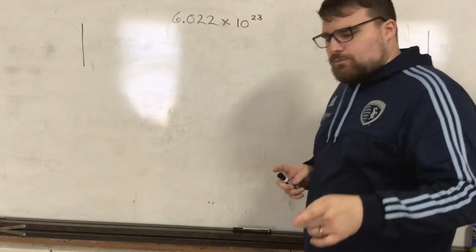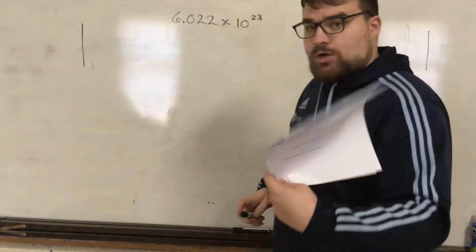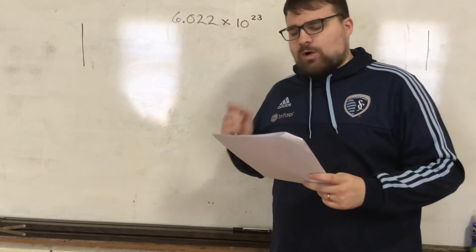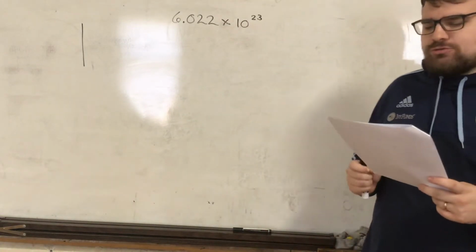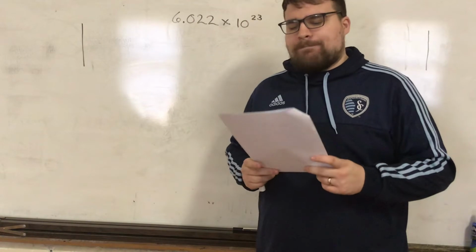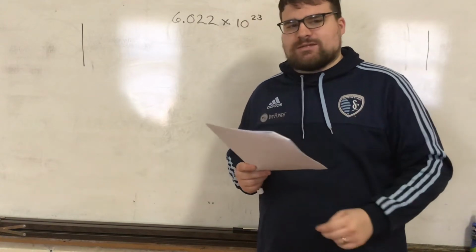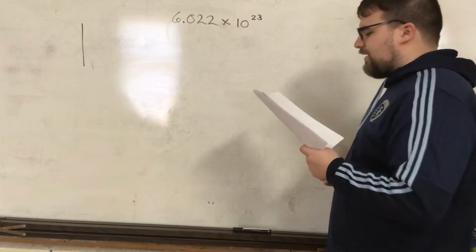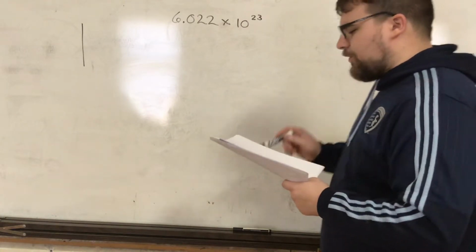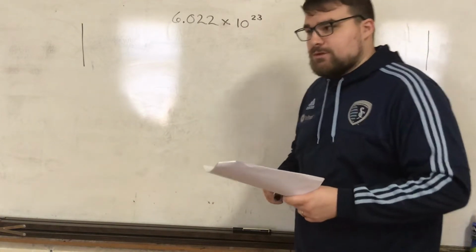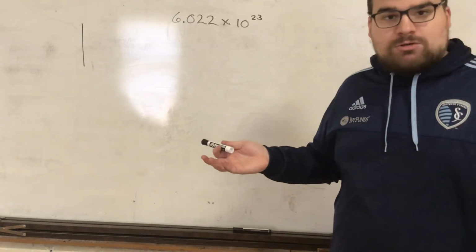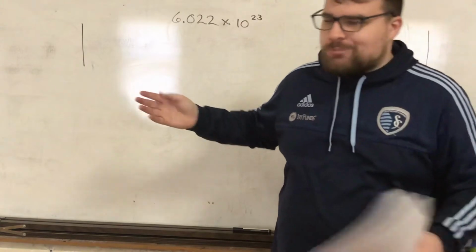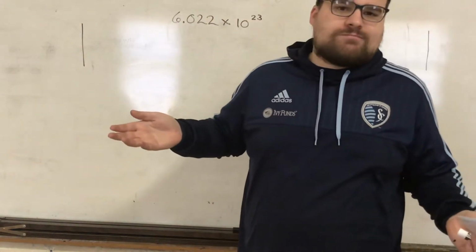So, we have some questions on this page. Number one says, how many moles of water does 6.02 times 10 to the 23rd molecules represent? Well, I'm going to see that number, 6.02 times 10 to the 23rd. That is Avogadro's number, right? Now, I know we have 6.022. It's close enough.